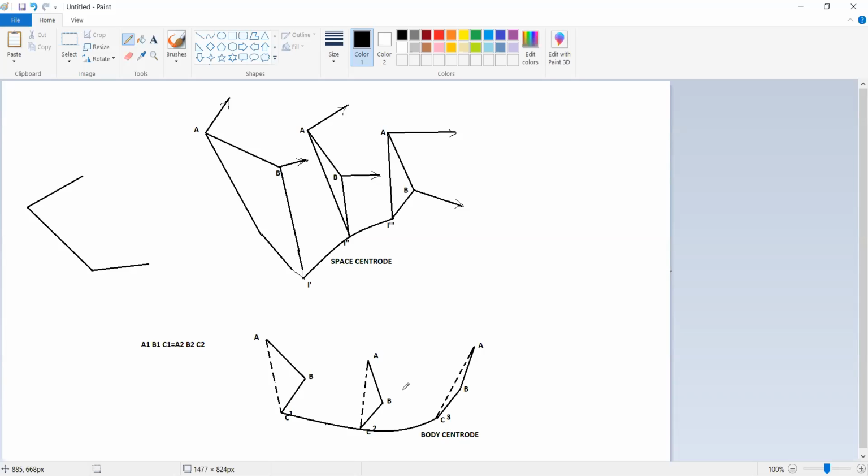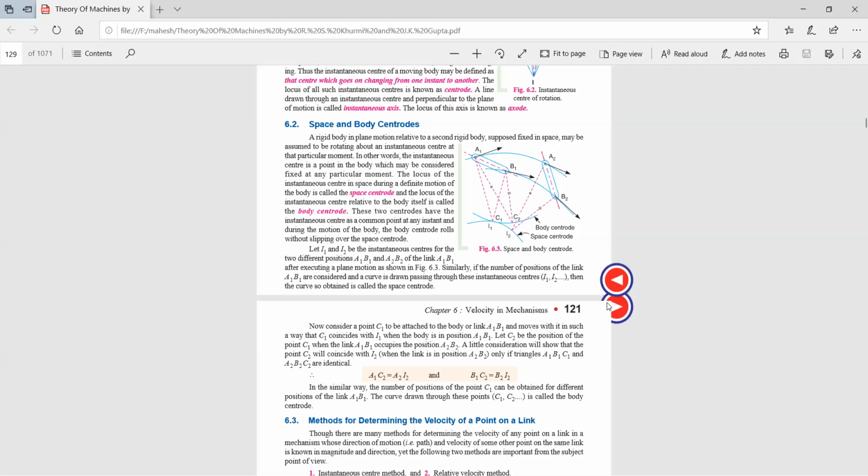Now similarly, what we can see from the triangle A1, B1, C1 being equivalent to A2, B2, C2. That means, in this diagram, I just want to explain this diagram now. You can see here that triangle A1, B1, C1 is equivalent to triangle A2, B2, C2.